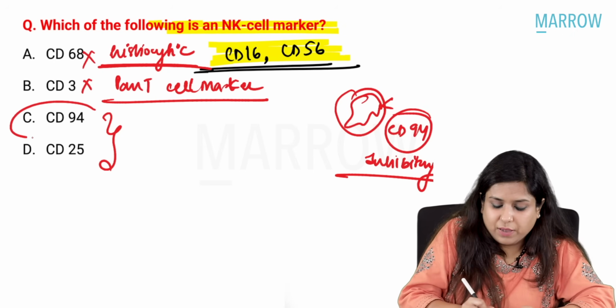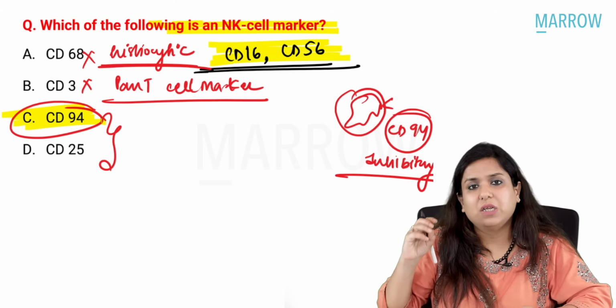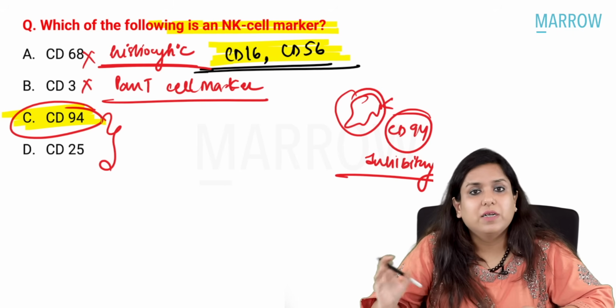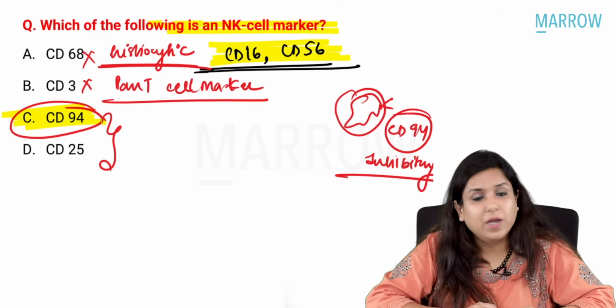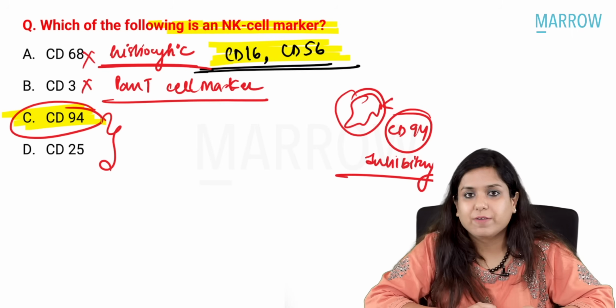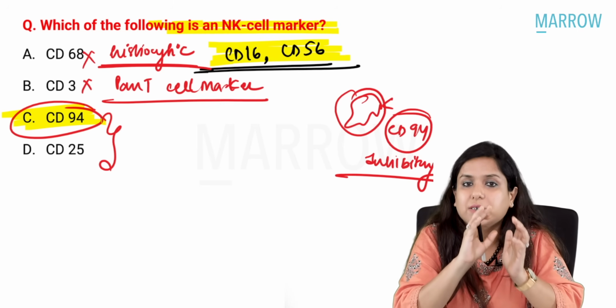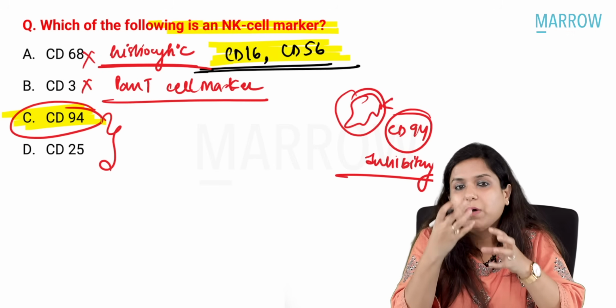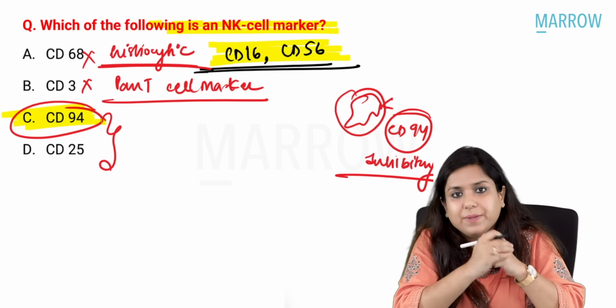That is why the answer here is CD94. It was a question in which you had to apply a slight bit of a concept. That is why the answer here is CD94 and not CD25. Understood? Why? Because CD94 is basically an inhibitory receptor or an inhibitory marker which is present on the surface of the natural killer cell. Right? Easy story.